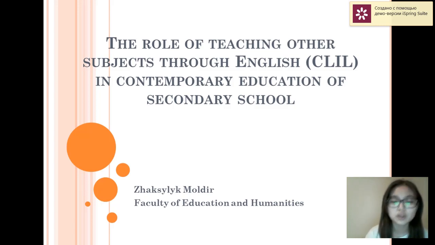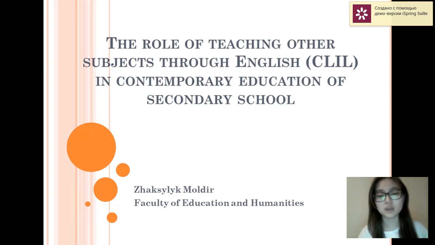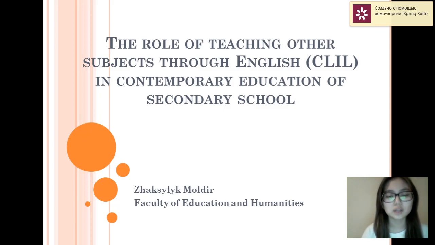And one of the most effective methods of them is content and language integrated learning. So my topic is the role of teaching other subjects through English in contemporary education of secondary school.